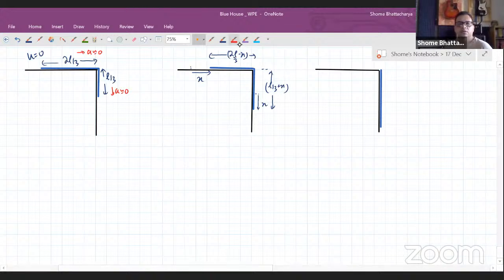Okay. So by now the chain has developed speed V and also has acceleration. And now of course the entire chain is here. So by now the speed is some V naught, which we want to calculate.